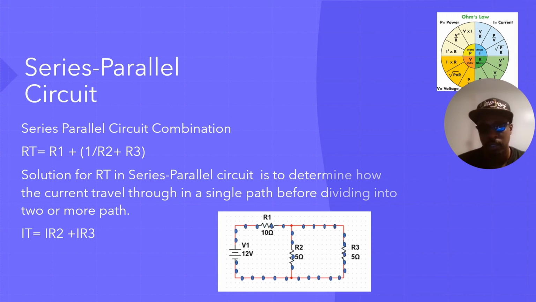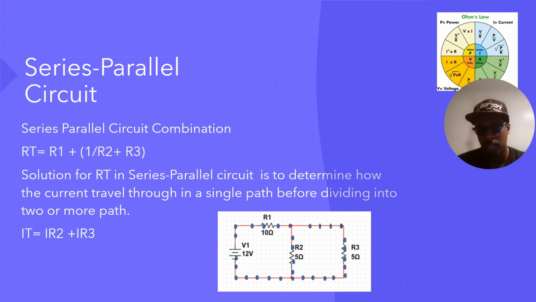Now let's look at a series parallel circuit. In this series parallel circuit, we're going to look at the total resistance within the circuit and how we go about finding it. So RT is equal to R1 plus the reciprocal of R2 plus R3.